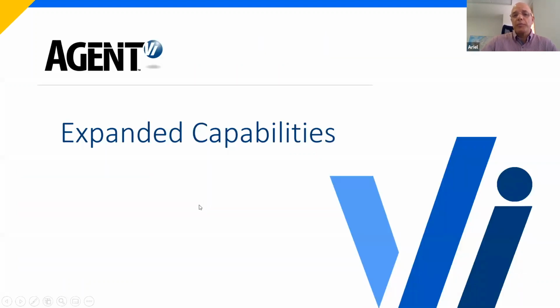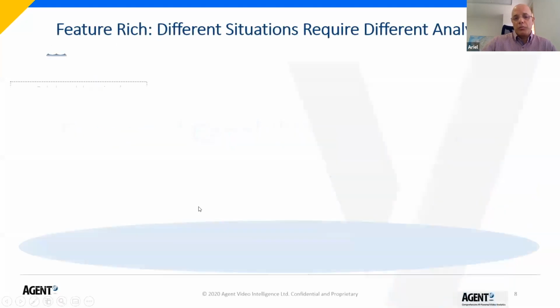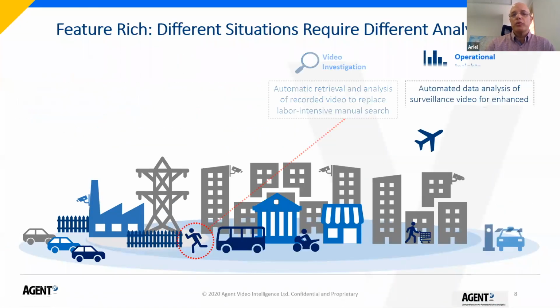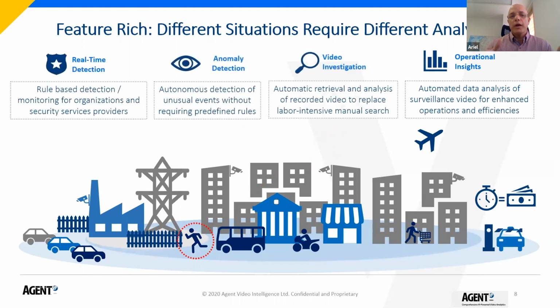In terms of expanded capabilities, as you may remember, SAVI was a very versatile system in terms of enabling many different types of capabilities. Different rule-based detection systems, video investigation.